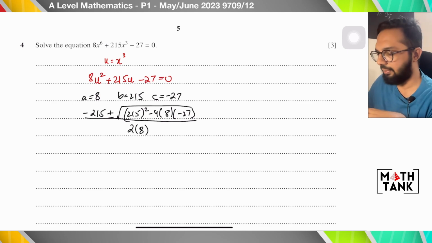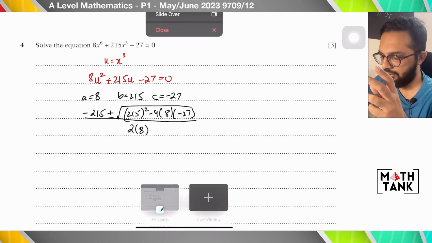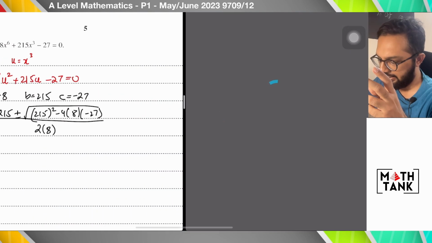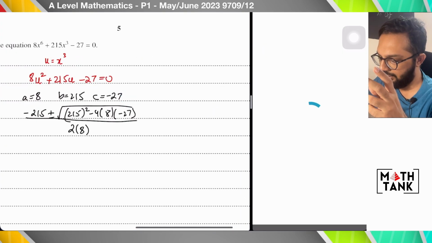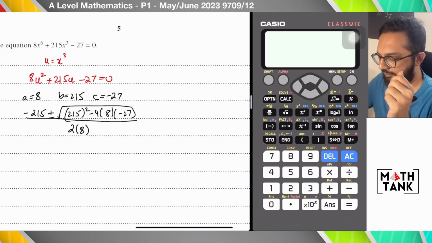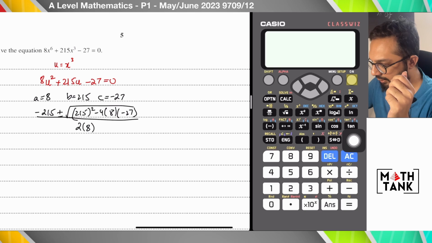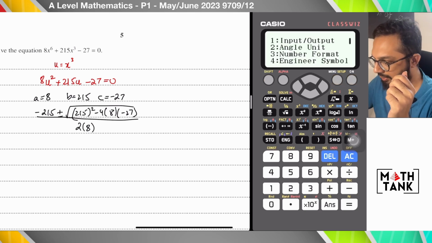I can go onto my calculator. I can just show you on my screen. I can open up my calculator and go to the quadratic part. Turn this on. This is not turned on. Okay, so I go to menu.